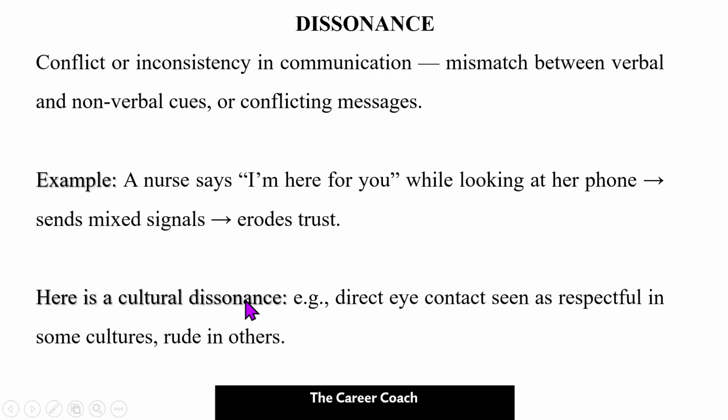Here is a cultural dissonance. Example, direct eye contact is usually seen as respectful in some cultures. This is seen as rude in other cultures. The nurse must understand the concept of dissonance in order to relate properly with diverse cultures.